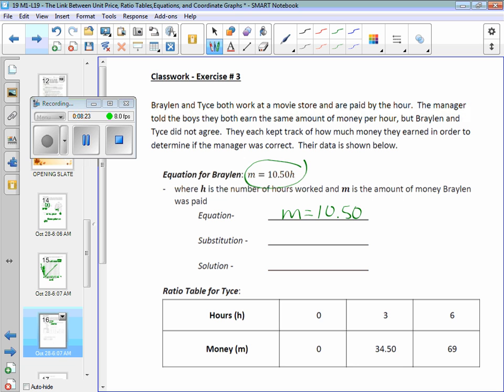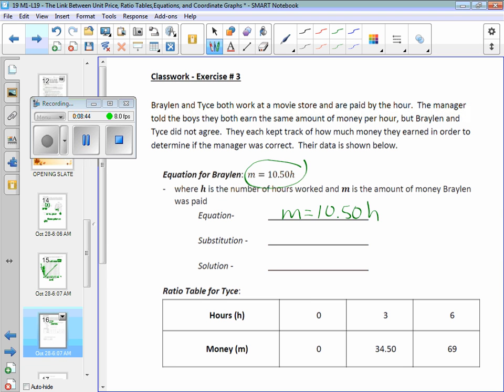Who remembers when you see a letter next to a number, what operation do you do? Multiply. Correct. What we've got to see is how much money Braylon makes per hour. And here's where you guys got stuck.